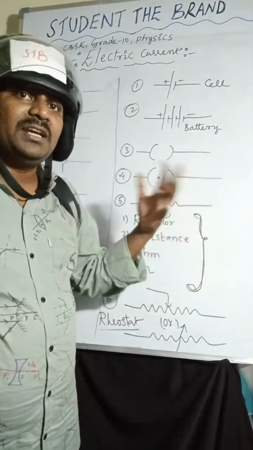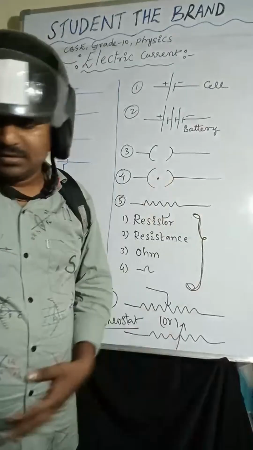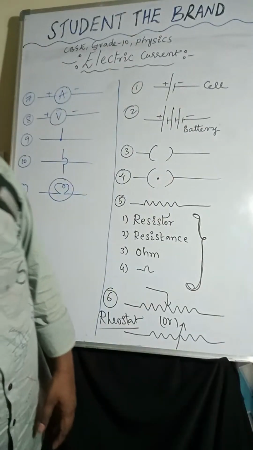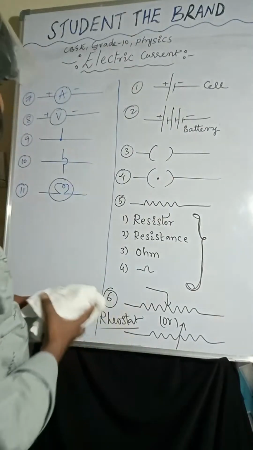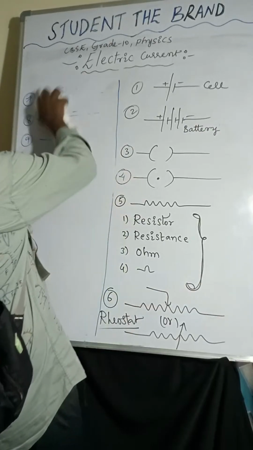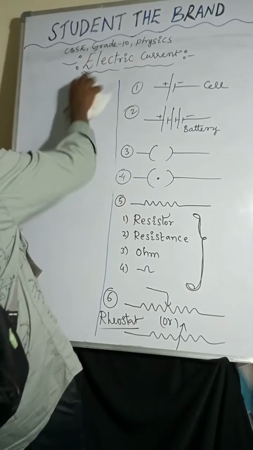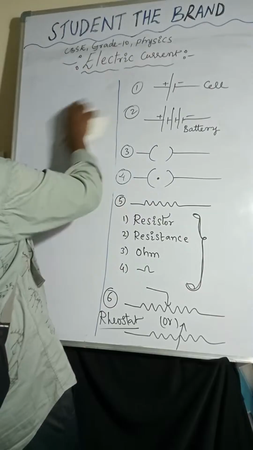Diagrammatic representation and logical connection of electrical appliances is called a schematic diagram or circuit diagram.